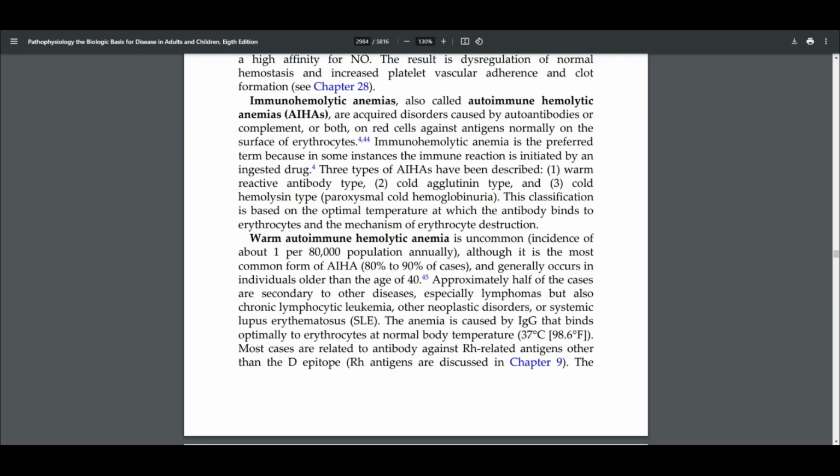Roughly half of the cases are secondary to other kinds of diseases, usually lymphomas, but also chronic lymphocytic leukemias, other neoplastic disorders, or systemic lupus erythematosus. The anemia is caused by an IgG that binds optimally to the erythrocyte at normal body temperature. Most cases are related to antibody against Rh-related antigens, other than the D epitope.